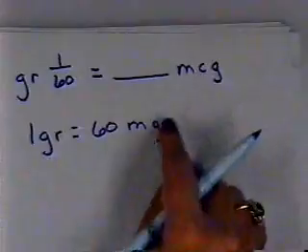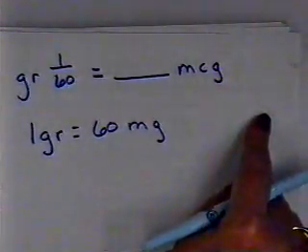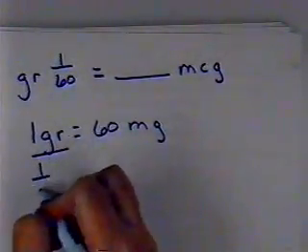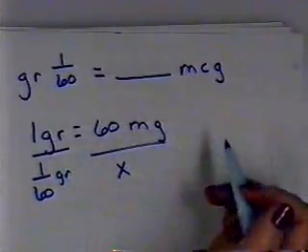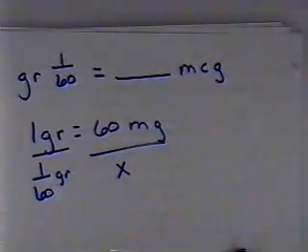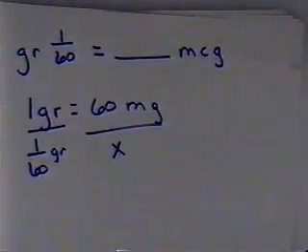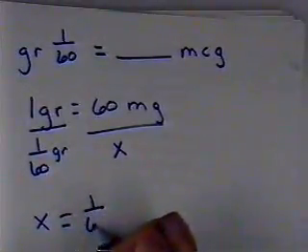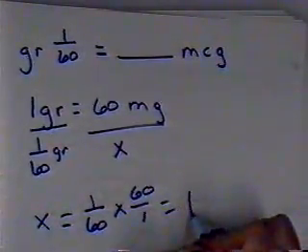We don't have a microgram, but milligram's the closest thing on the chart to microgram. So if I have over here 1/60th of a grain, one times x is 1 over 60 times 60 over 1.